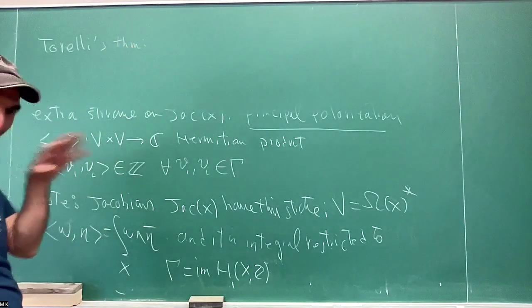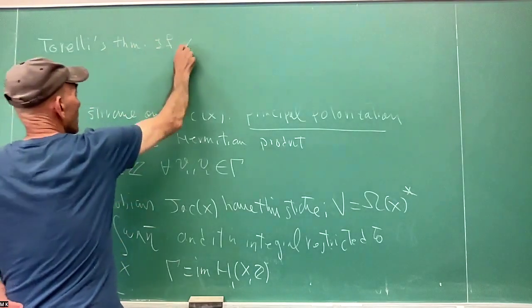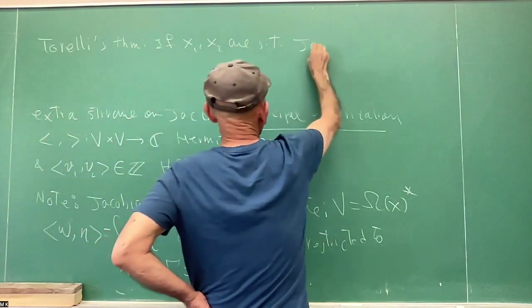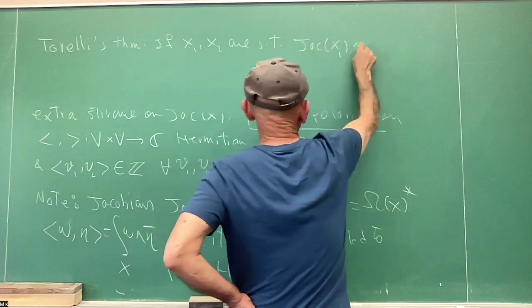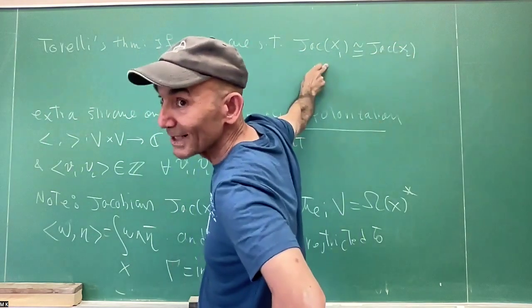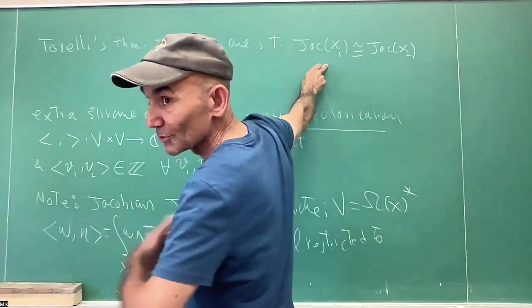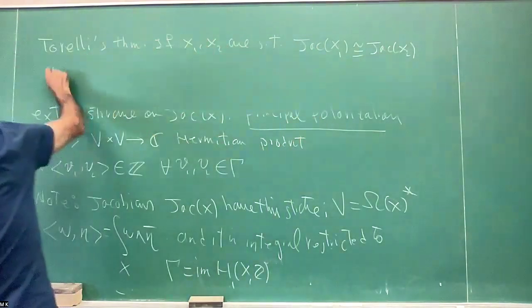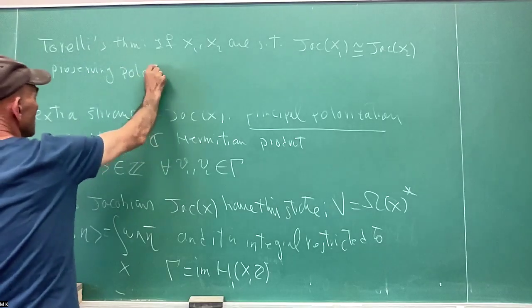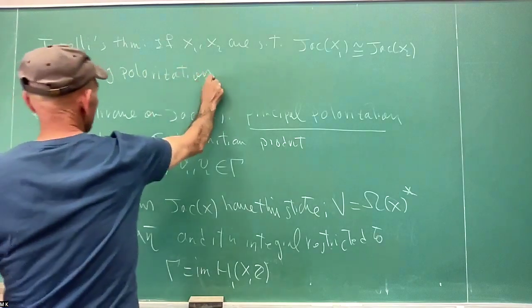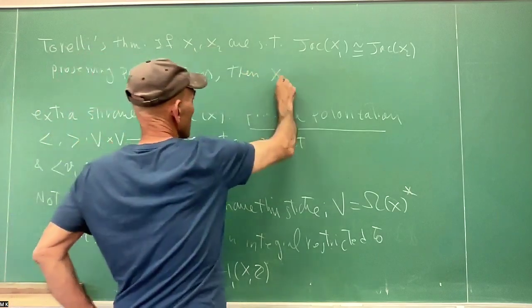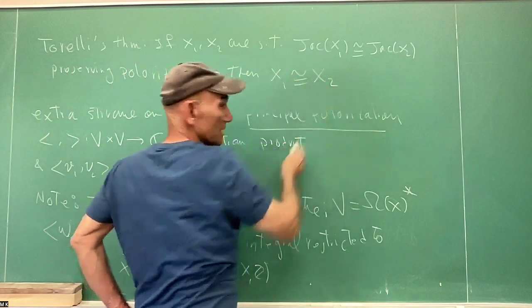Basically, it says that if two Riemann surfaces are such that the Jacobian of X1 is isomorphic to the Jacobian of X2, and this isomorphism preserves the principal polarization, so they send principal polarization to each other, then X1 is isomorphic to X2 as Riemann surfaces.